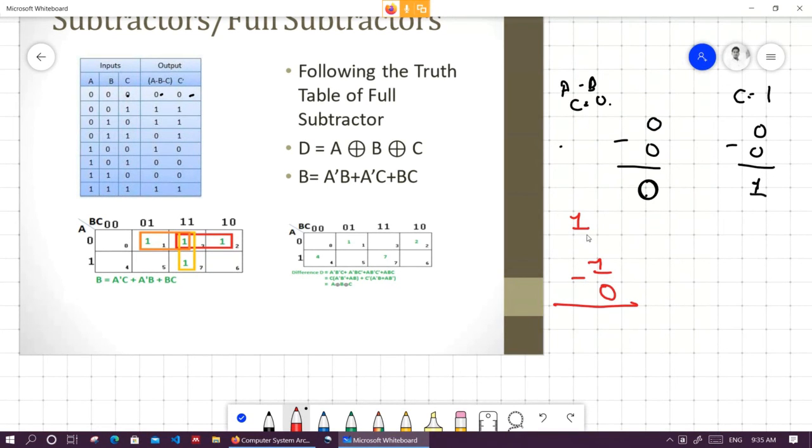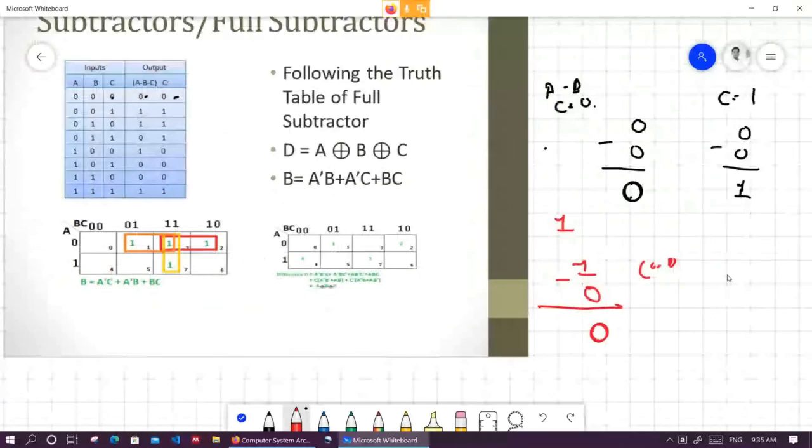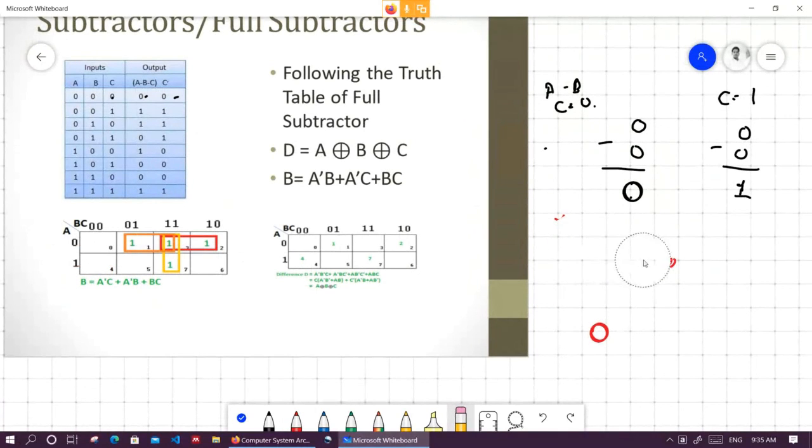So 1 minus 0 will be 1, and with the borrow, 1 minus 1 will be 0, and the borrow out will again become 0. Similarly, based on this truth table, we can find the function values.